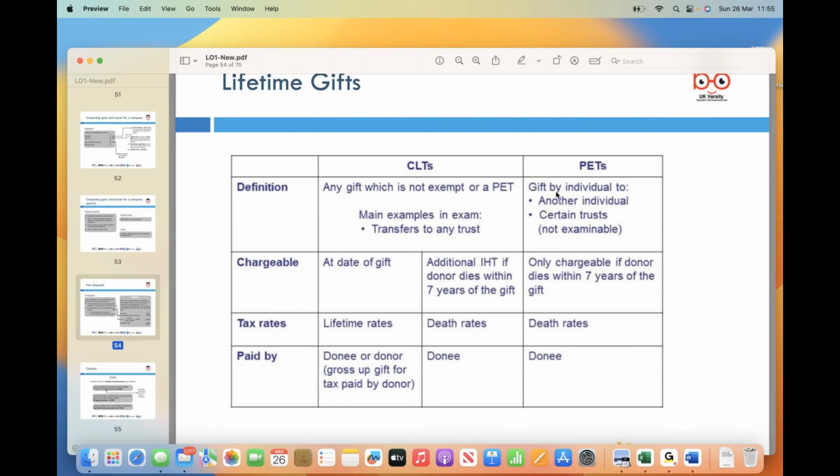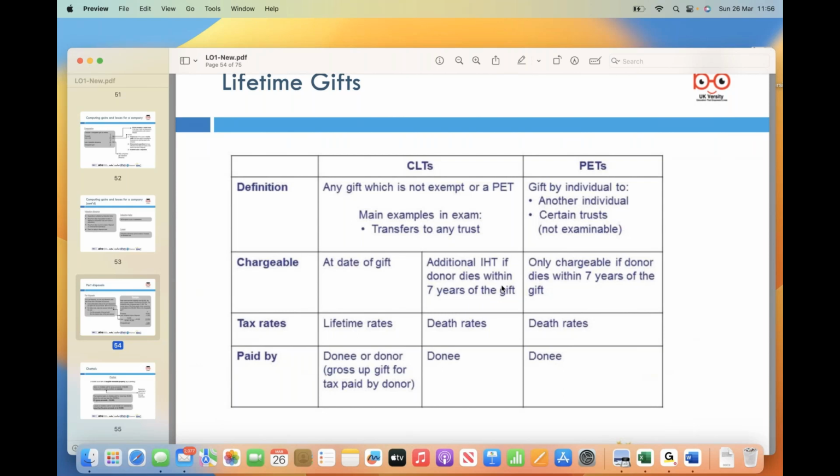Next is PETs, a potentially exempt transfer, which refers to a gift made by an individual that may be exempt from inheritance tax if the donor survives for at least 7 years after making the gift. Occasions of charge are death, gifts within 7 years before death, and other lifetime gifts.